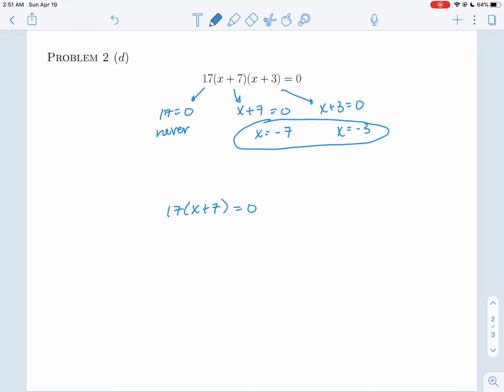So it'll just be one part, set that equal to 0, or I'm going to have x plus 3 equal to 0. Right? And then you can solve this the same way you would a normal linear equation. If we had this 17 out front, you would divide both sides of the equation by 17, and you'd still get right back down to that x plus 7 equals 0, or x plus 3 equals 0. So we'll get down to those same two solutions, negative 7 and negative 3.